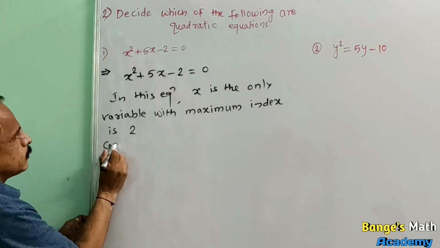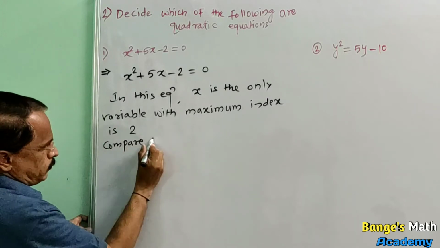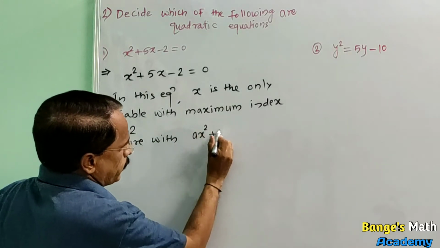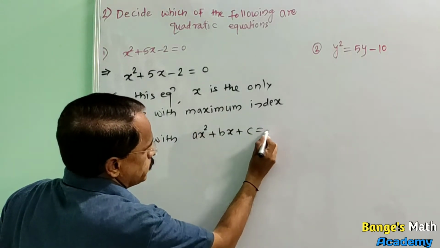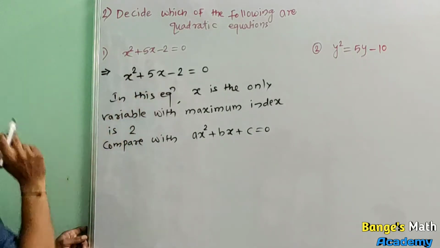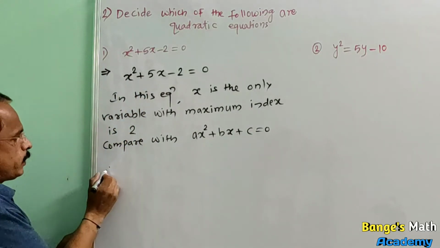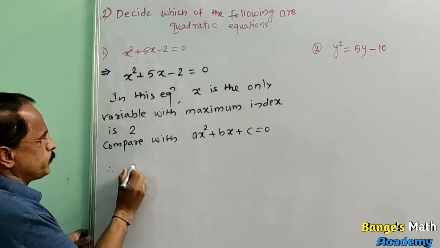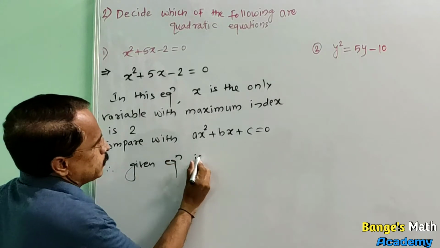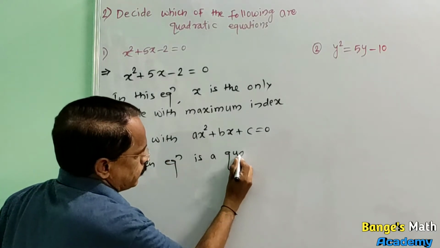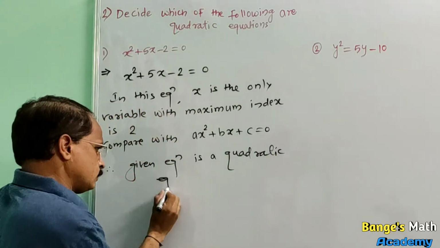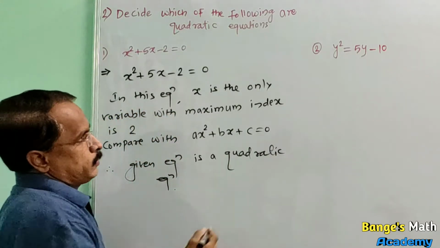If we compare the given equation with ax square plus bx plus c is equal to 0, then we can say that the given equation is a quadratic equation.